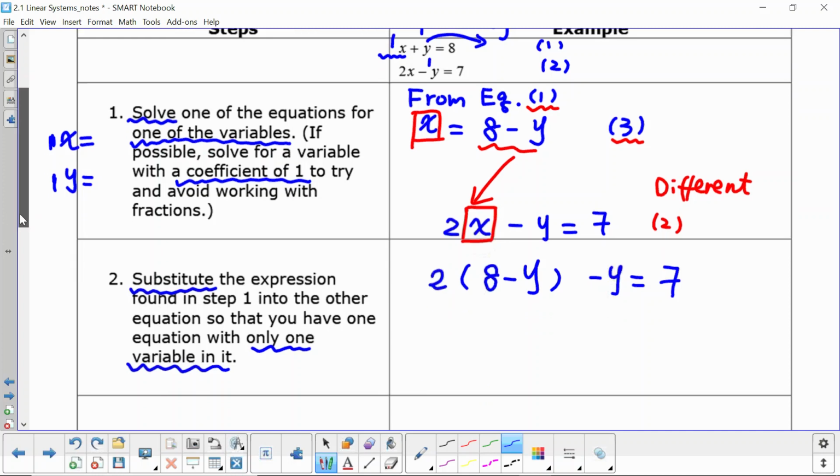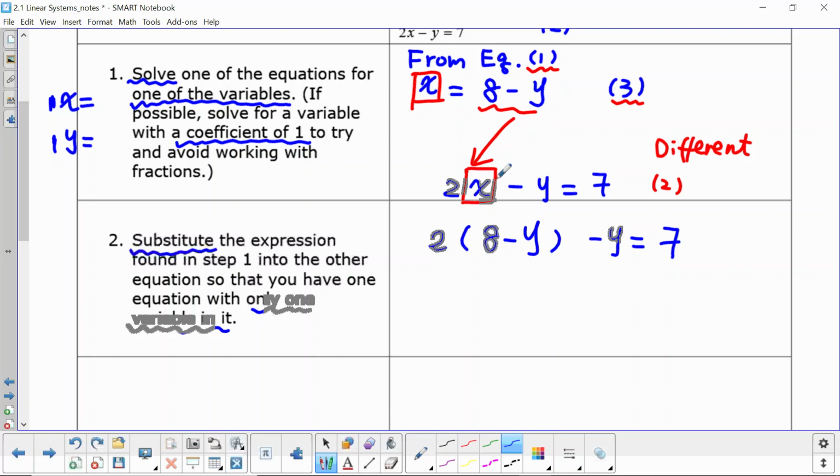Once we substitute the 8 minus y into equation 2, you will see we get rid of one variable, x. In this equation, you have only one letter y left. If we have one variable in one equation, we know how to solve it. So the step is to substitute equation 3 into equation 2.